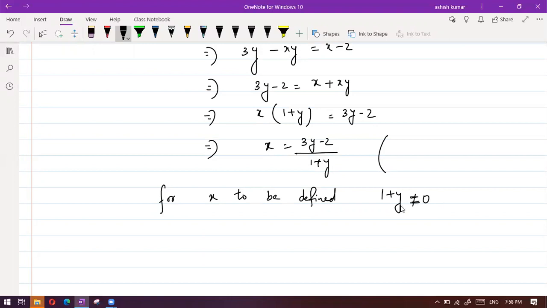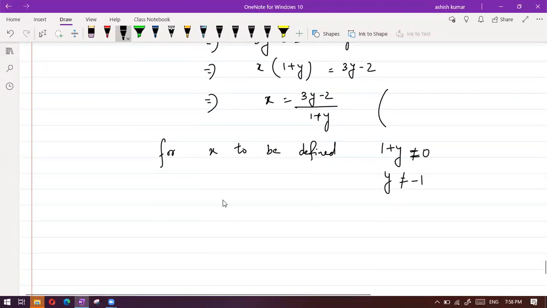Now if 1 plus y is not equal to 0, can we say that y should not be equal to minus 1? Yes, sir. Now y should not be equal to minus 1 means what? These are the values in which minus 1 should not be there. So range will be nothing but R minus {minus 1}. That's it.